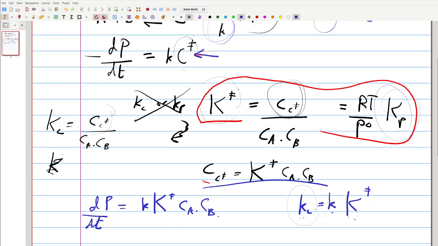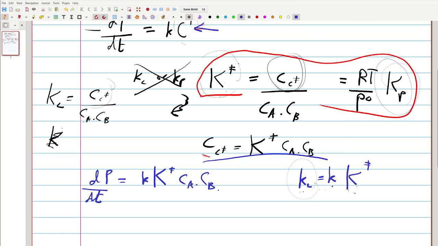So that leaves us with a problem: to describe K double dagger with this Kp there's a conceptual mismatch. We are looking at the micro event, and we have a thermodynamic term which describes bulk phenomena, and you can't come up with a Kp value by looking at an individual event. You can't make that connection generally.